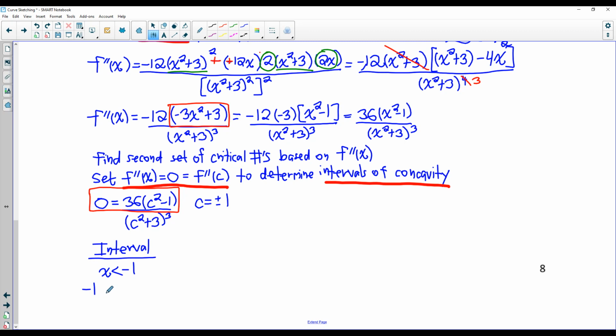One interval would be when x is bigger than negative 1, but less than positive 1. And one interval will be when x is greater than positive 1. Now, my second column is going to be the sign of f double prime of x.